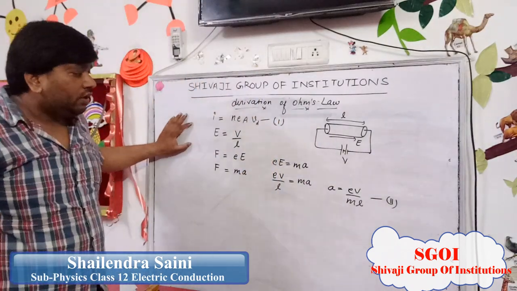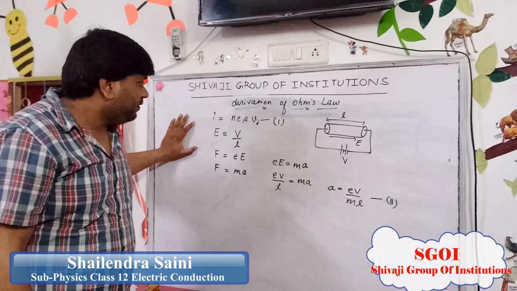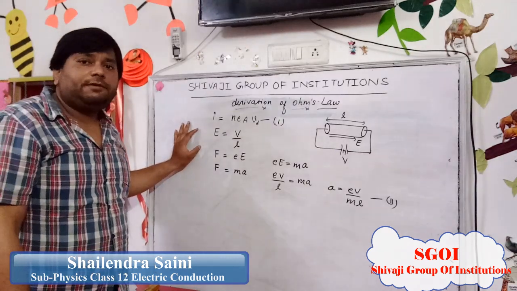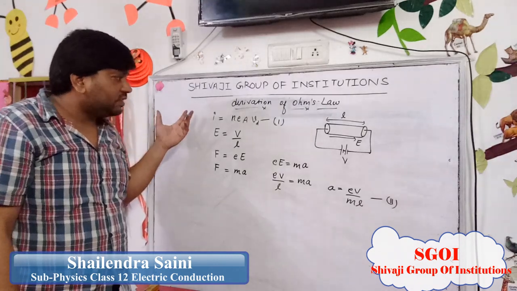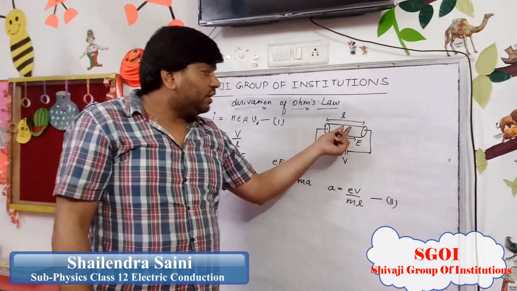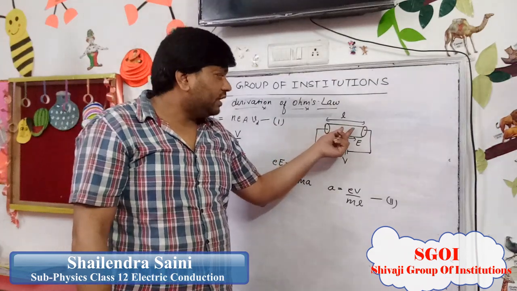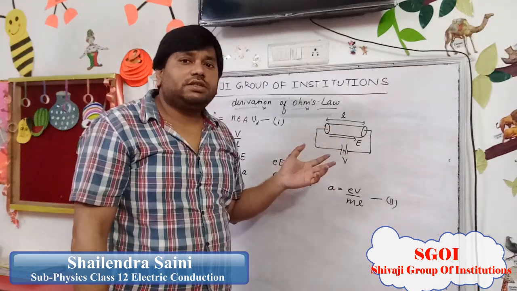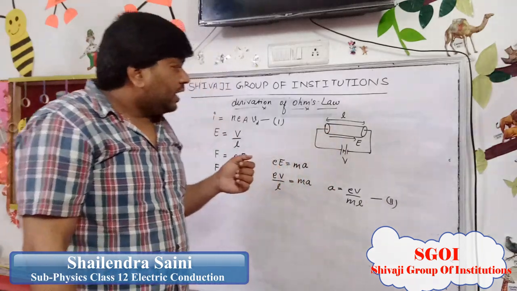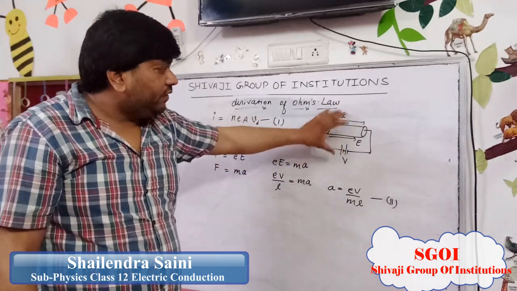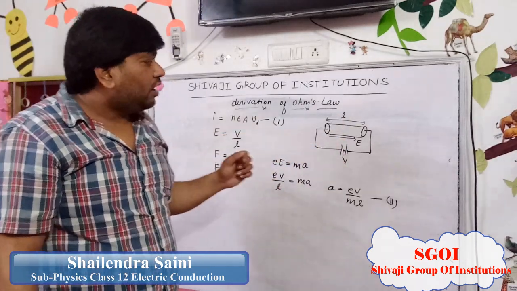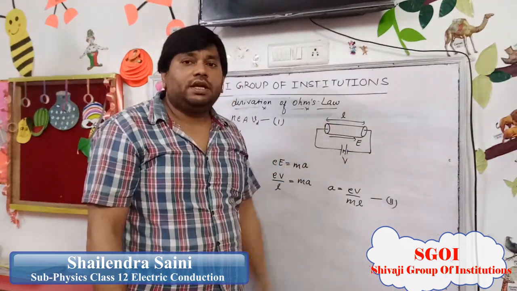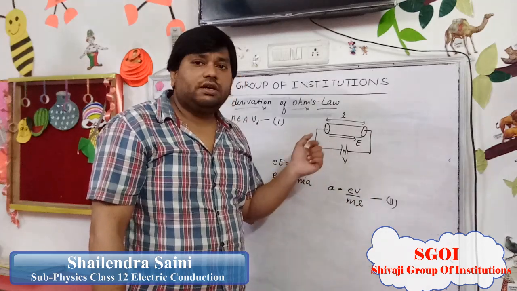Now we will talk about drift velocity. We will find the drift velocity. Before applying the electric field externally, the free electrons present inside the conducting material move with their initial velocity, and that velocity is called the thermal velocity. When we apply an electric field across this material, all the electrons will drift towards the positive terminal of the battery, and that average velocity is called the drift velocity.